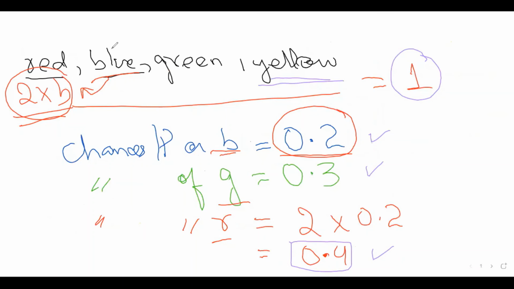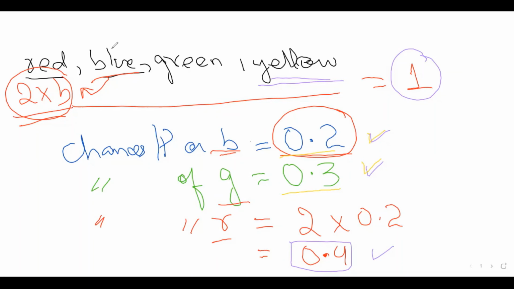In the question, it is given that red colored buttons are twice blue colored buttons. The probability of blue is given, which was 0.2, and green is given, which is 0.3.